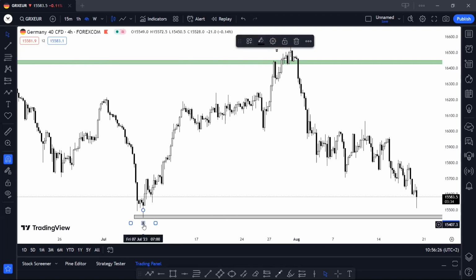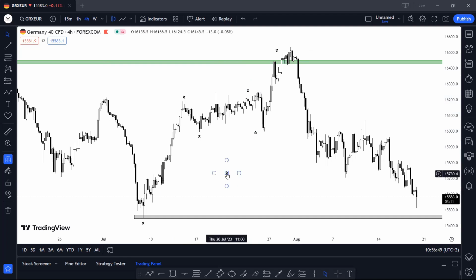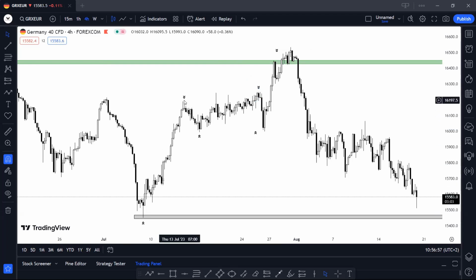Okay, I can try to mark also this. This will be high high, high low, high high, high low. Somewhat like that. Go from here, high high. It has to be at the highest point.